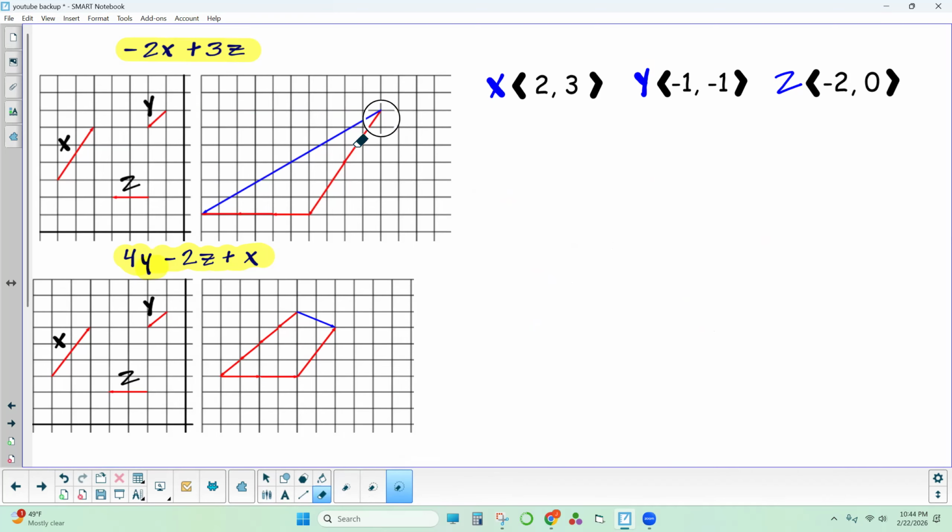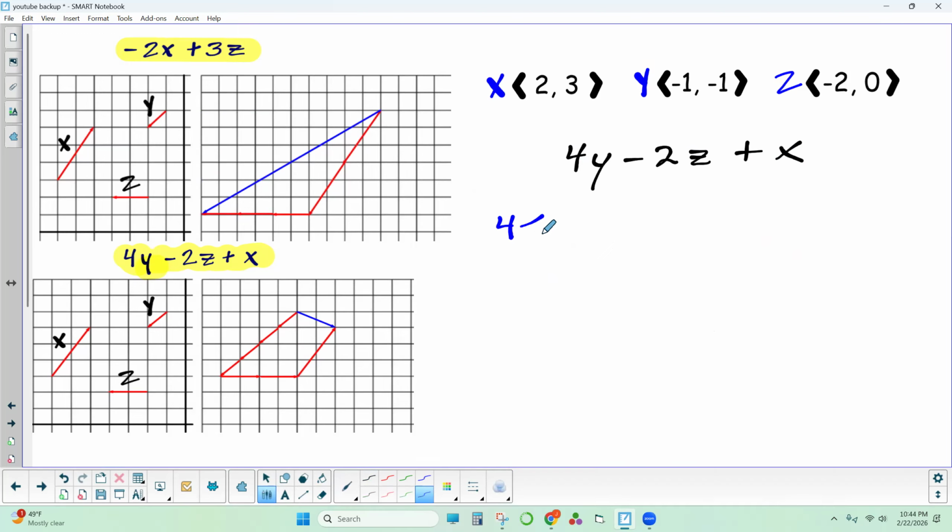All right. Our second problem was 4y minus 2z plus x. All right, so that's scalar 4 times y minus 2 times z plus x.